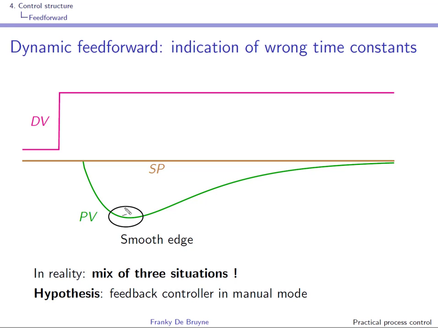Since there is no sharp edge, the delays have been chosen properly as well, but there must be something wrong with the dynamics in the lead lag, and this is an indication of a wrong choice of time constants. Of course, in reality you will not have either just a wrong gain or a wrong delay or wrong time constants, but this will help you to improve on your dynamic feed forward by looking at this type of curves.